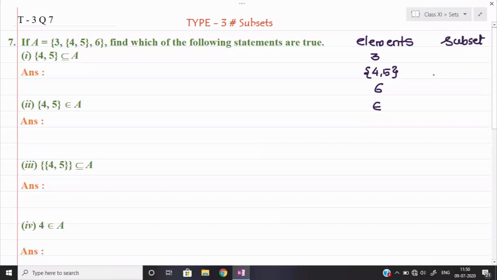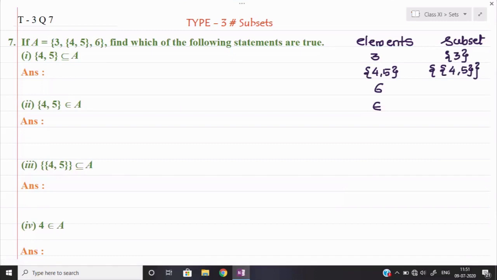So 3 if I write in the curly bracket, it will become a subset. Same way 4 comma 5 along with the curly bracket itself is an element. So if I want to express it in the form of a subset, I will apply the double curly bracket, because one curly bracket is given along with the element itself. So to write it as a subset, we write any element along with the curly bracket.